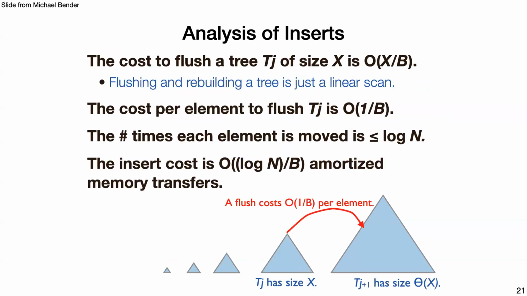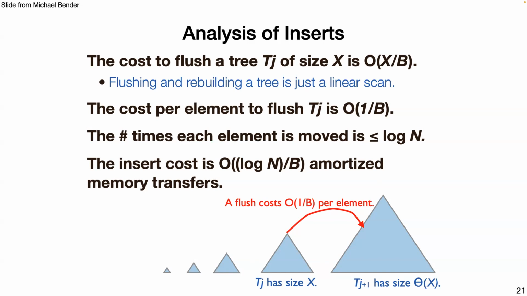Okay. And this is how you do the inserts. So the cost, like I said, you can rebuild the tree by flattening it and doing a merge. And so the cost to flush the tree of size X is X over B, because it takes X over B to read the tree, because it's a B tree. It takes big O of X over B to flush it, because the next thing is also within a constant size of it.